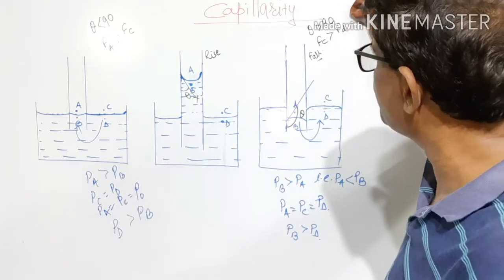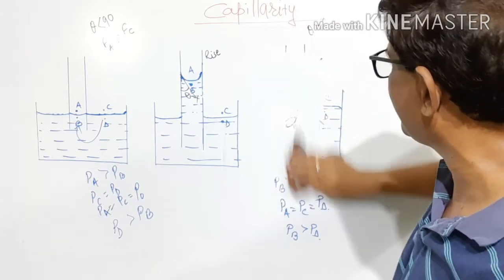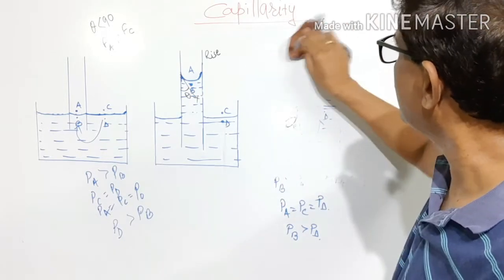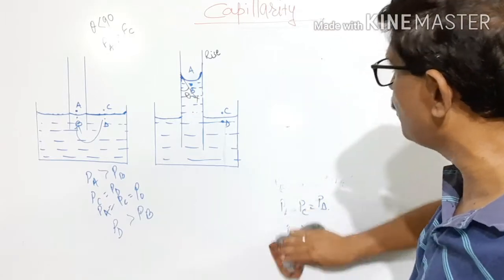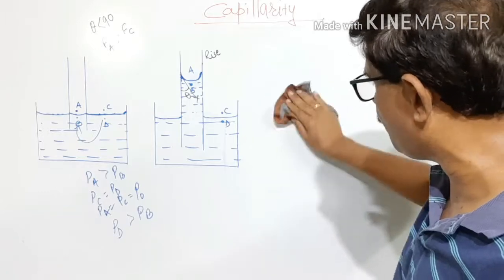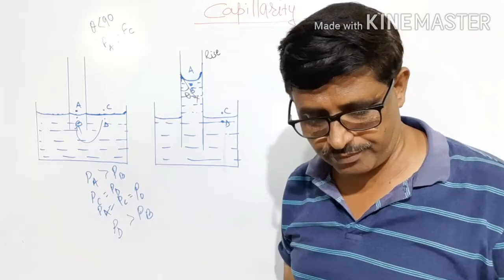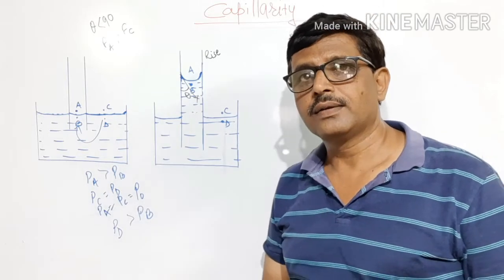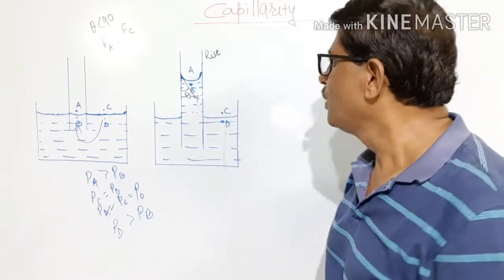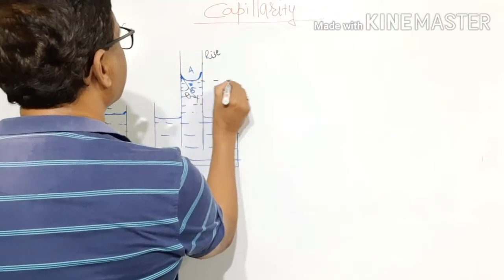With this explanation of why there is rise or fall of liquid inside the capillary tube, now we are going to derive expression for the ascent of liquid inside the capillary tube, or we are going to derive an expression for a rise of liquid inside the capillary tube.